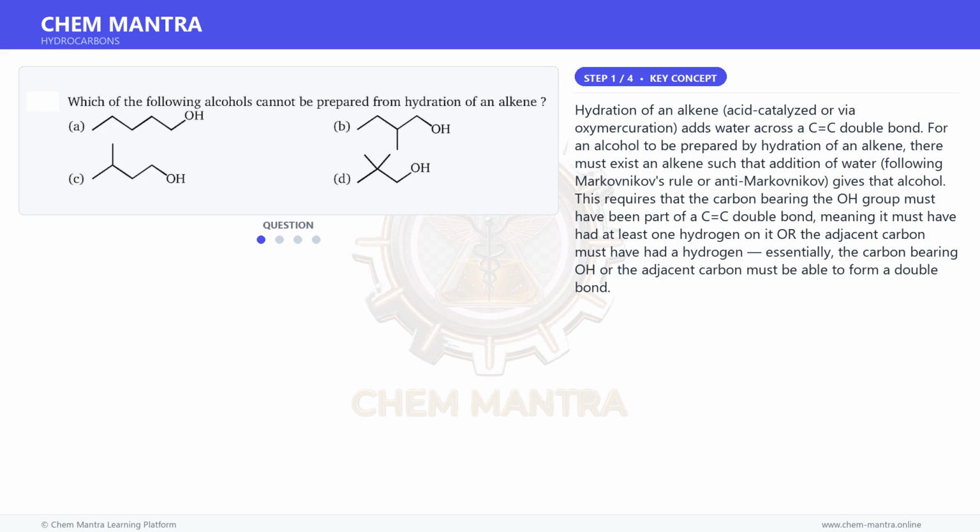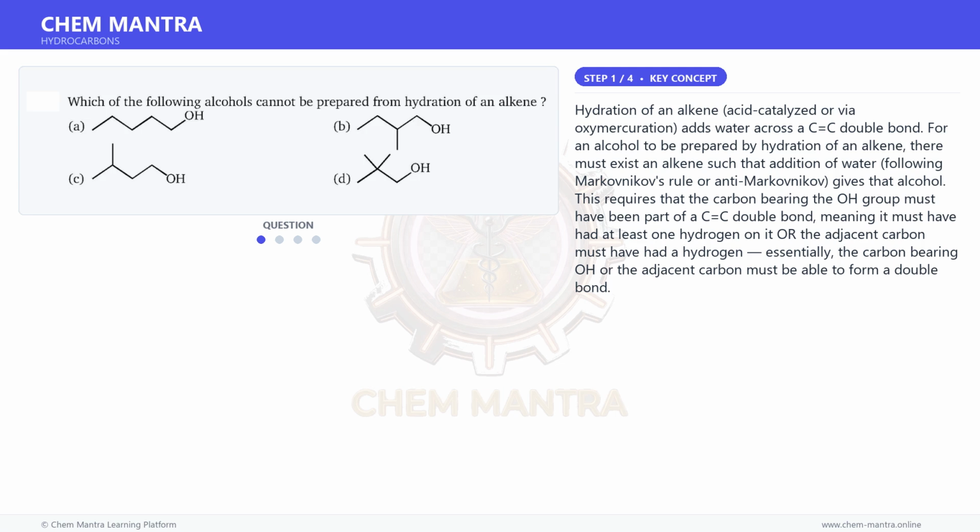Hydration of an alkene, acid catalyzed or via oxymercuration, adds water across a C=C double bond. For an alcohol to be prepared by hydration of an alkene, there must exist an alkene such that addition of water, following Markovnikov's rule or anti-Markovnikov, gives that alcohol.